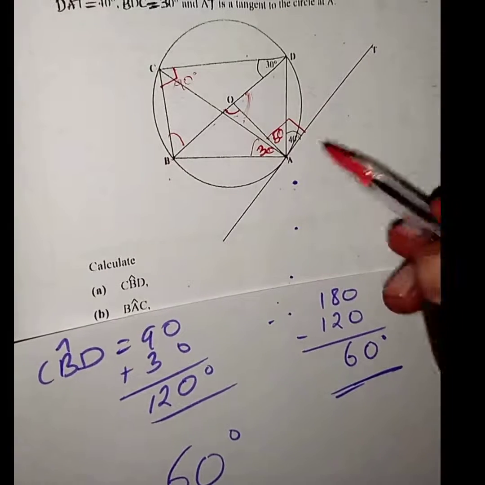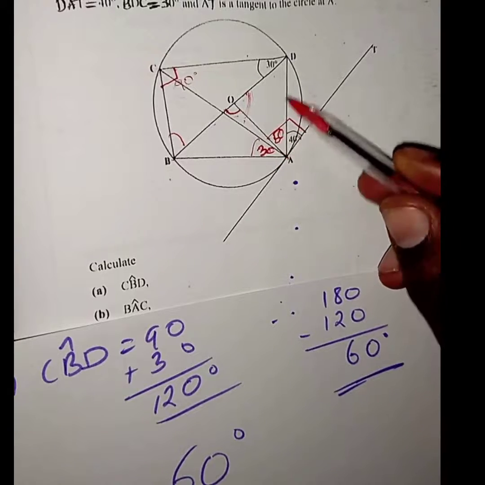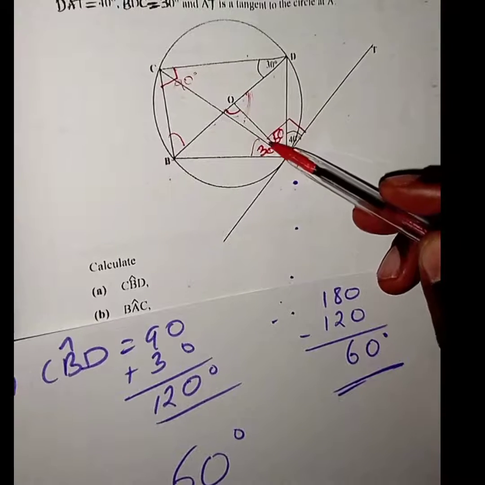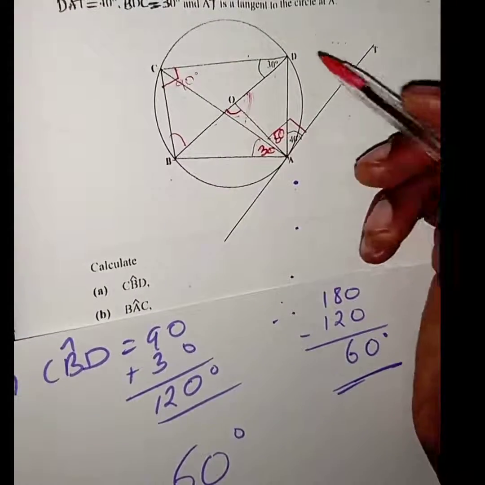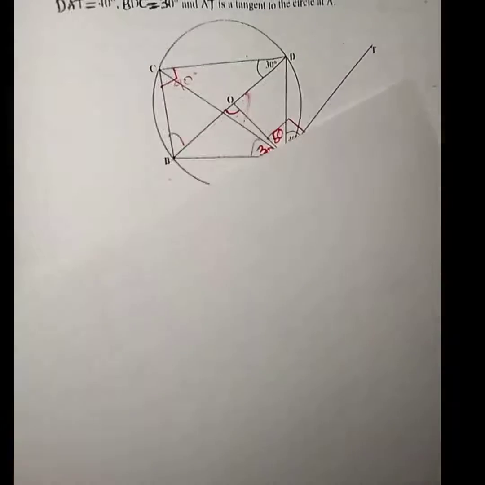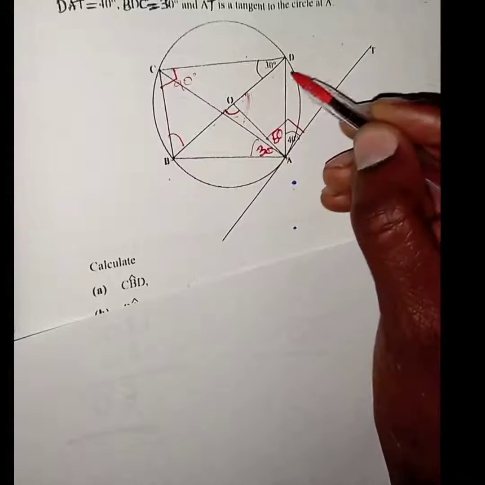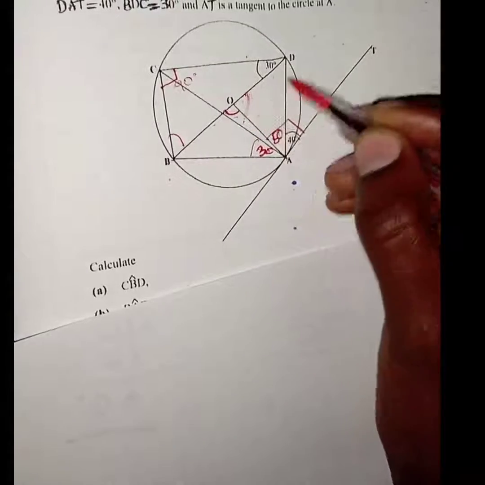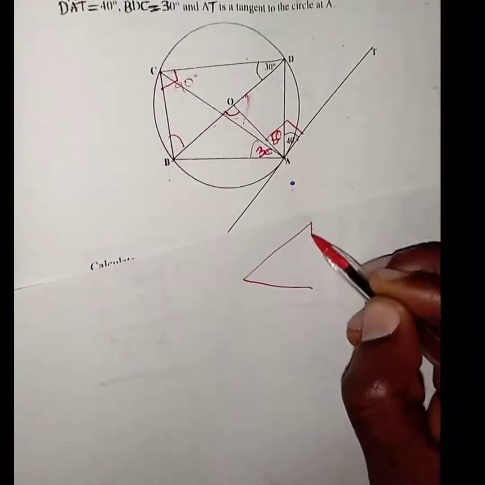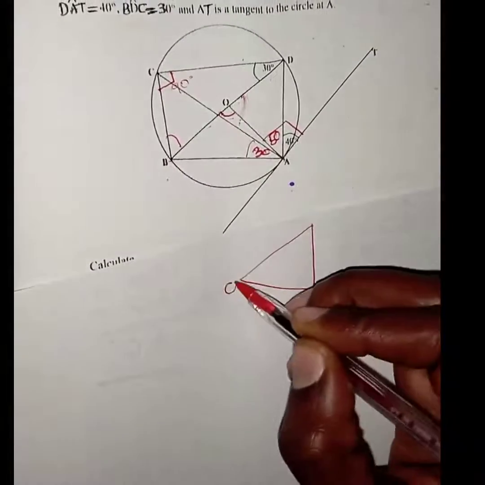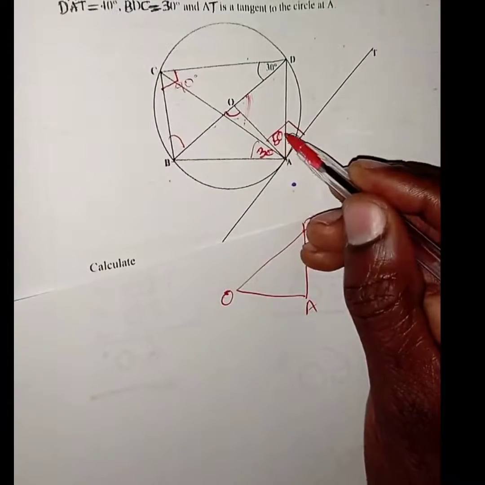So now let's do it. There are a lot of ways to find this angle. Remember, this one is an isosceles triangle. This is O, this is D, this is A. At A, we already found 50 degrees.